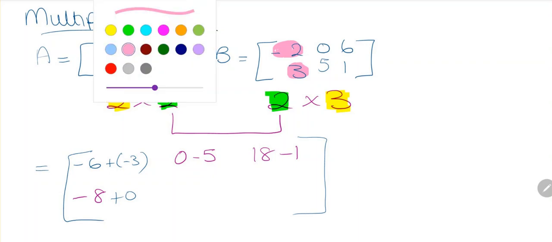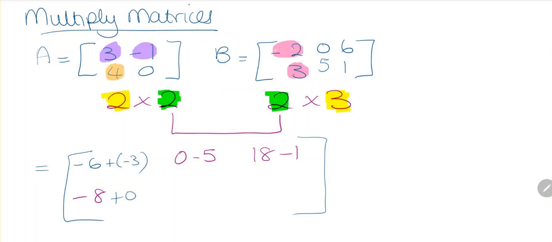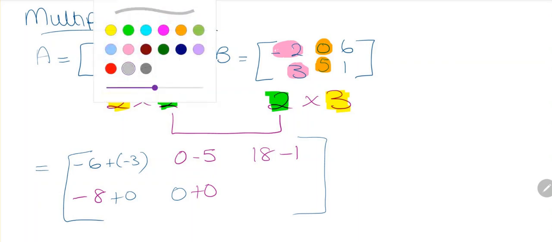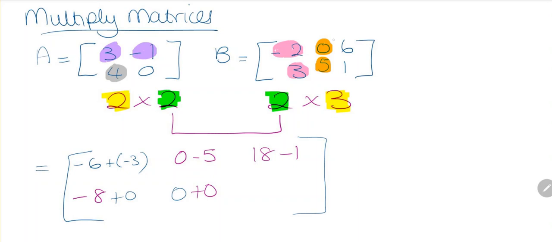Let's try a different color. So 4 times 0 is 0. And 0 times 5 is 0. And then the last. So 4 times 6 is 24. And 0 times 1 is 0.